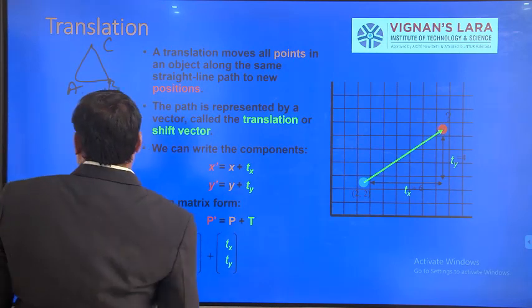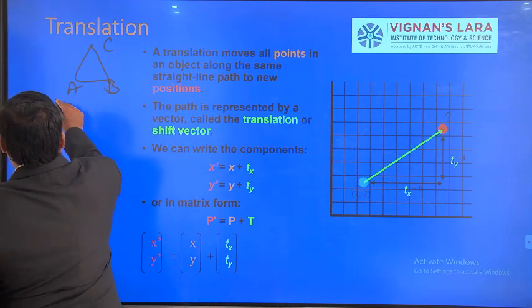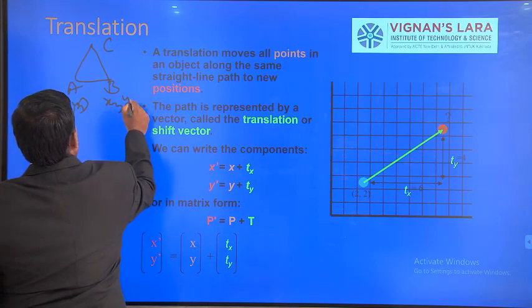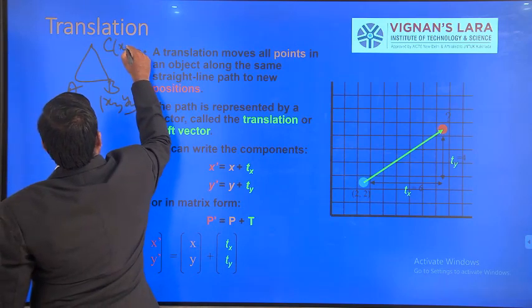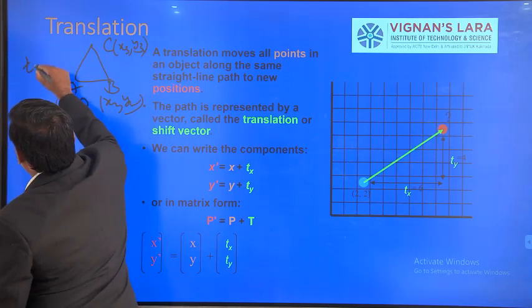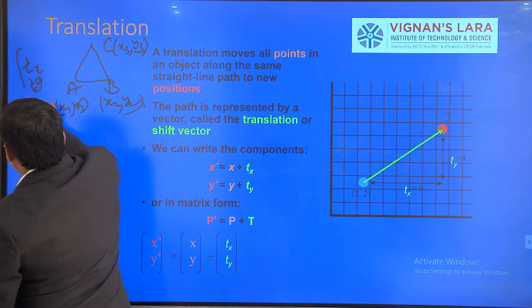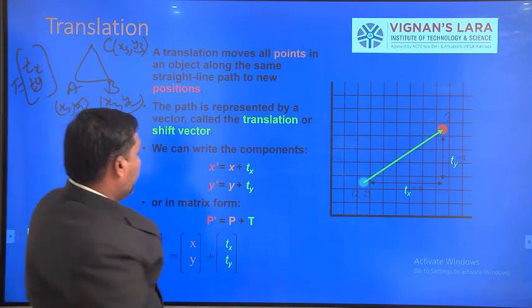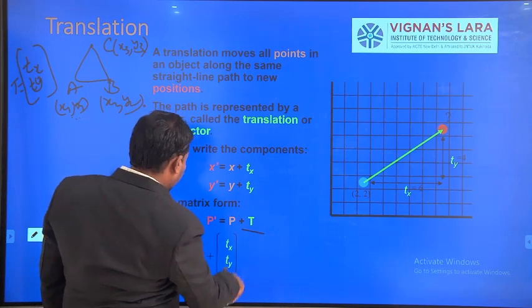What will I do? You know x1, y1, x2, y2, x3, y3, and Tx, Ty. This is the translation matrix, represented by capital T.